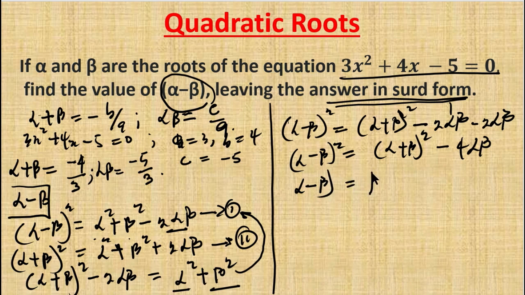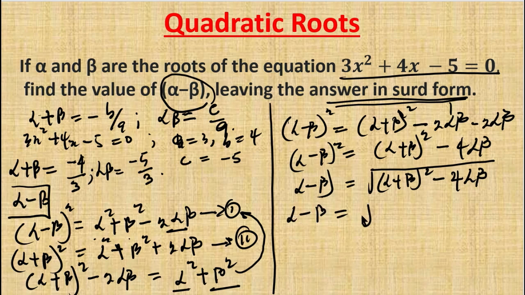Now, having gotten this relationship, I can conclude that alpha minus beta will be the same thing as, I'm taking the square root of both sides, I'll be left with alpha minus beta, which is what my examiner wants me to find, and the square root of alpha plus beta all squared minus 4 alpha beta. So that alpha minus beta now will be the same thing as the square root of alpha plus beta all squared.